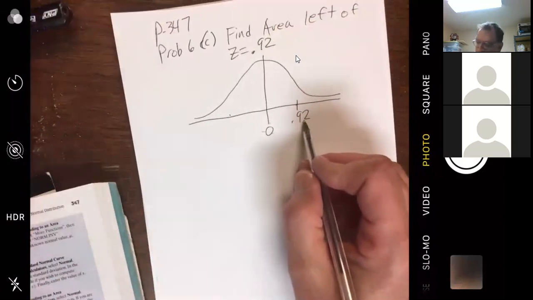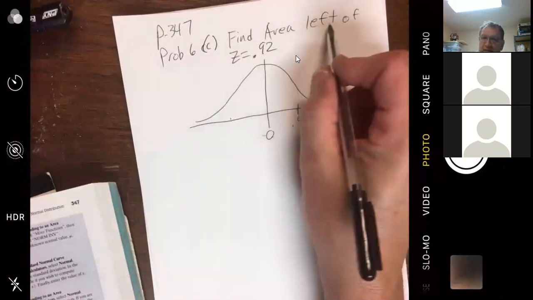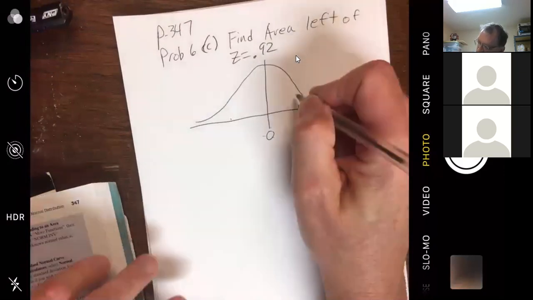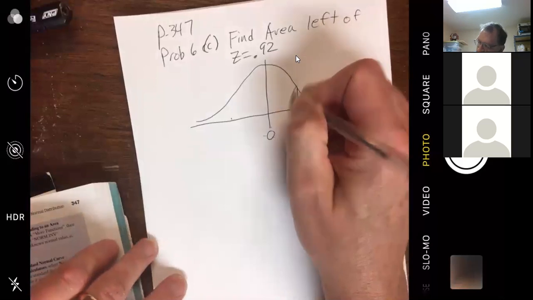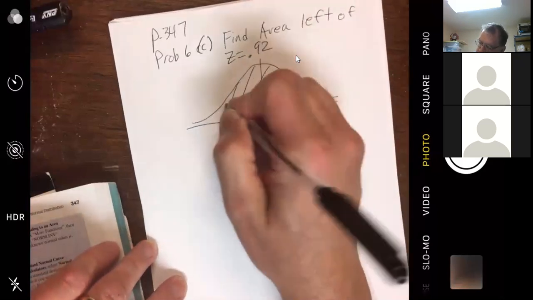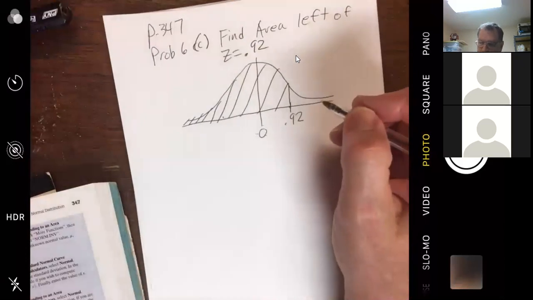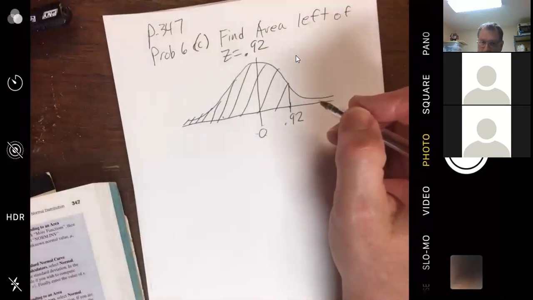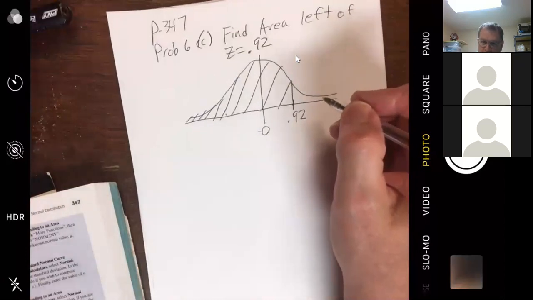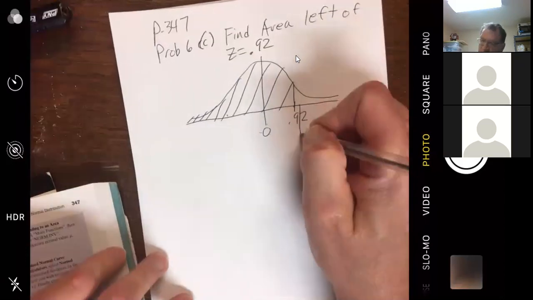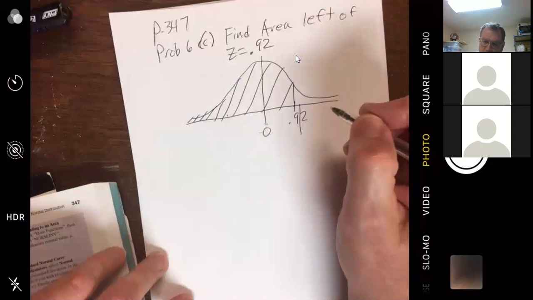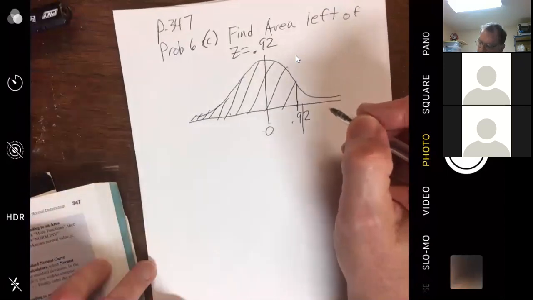But you see, you want the area left of that. So you go up to the curve and you want all of this. You do the same thing. Split off the hundredths place.